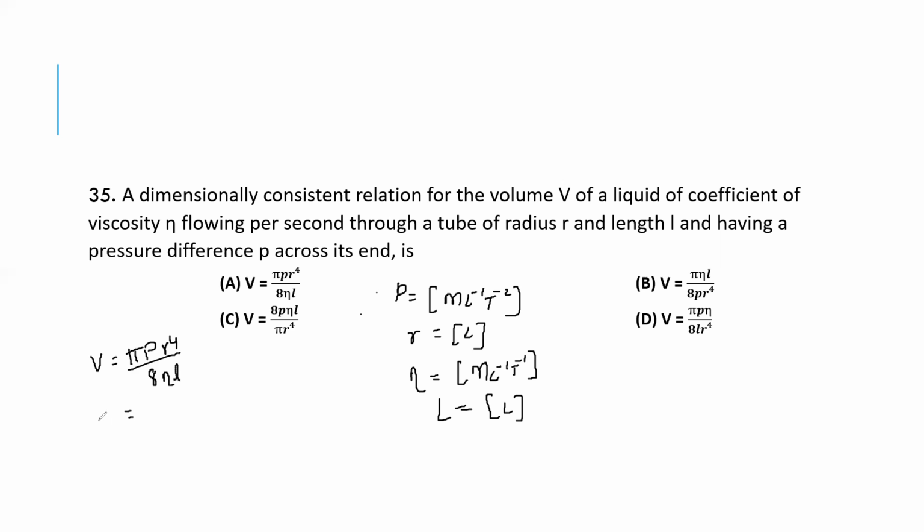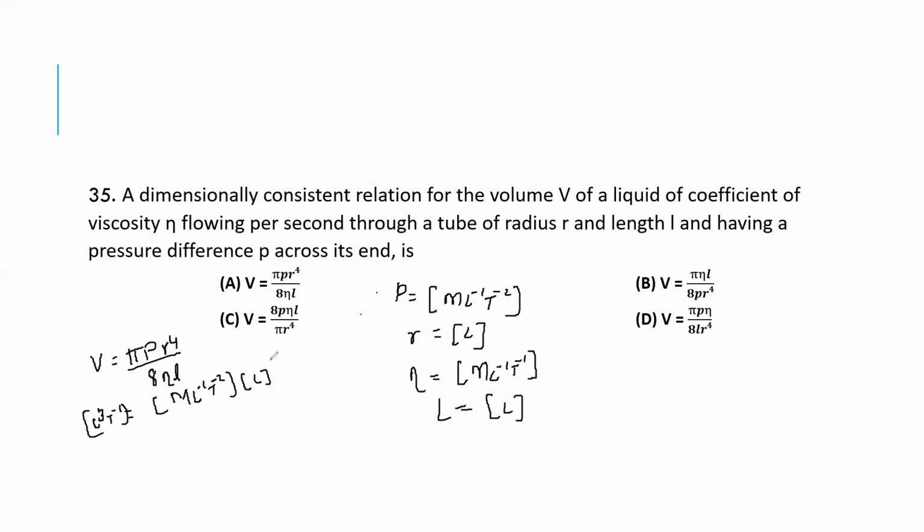So substitute the dimension formula. It is volume per second, that is velocity here. Right. So pi is a dimensionless quantity. Pressure is given as m L raised to minus 1 t raised to minus 2.